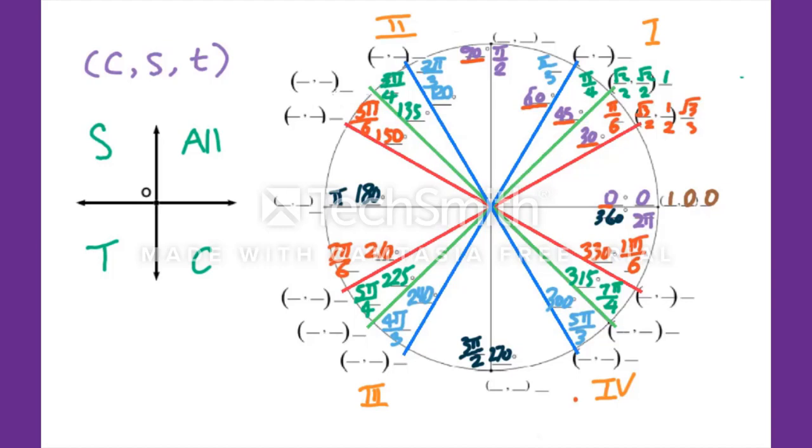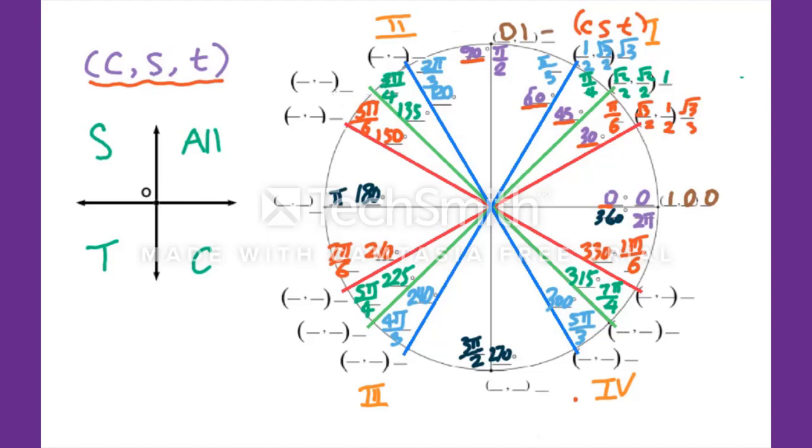For 60 degree, we got 1 over 2, square root of 3 over 2, and square root of 3. Remember that's CST. That's the coordinates for each point on the unit circle. For 90 degree, we got 0, 1, and undefined.